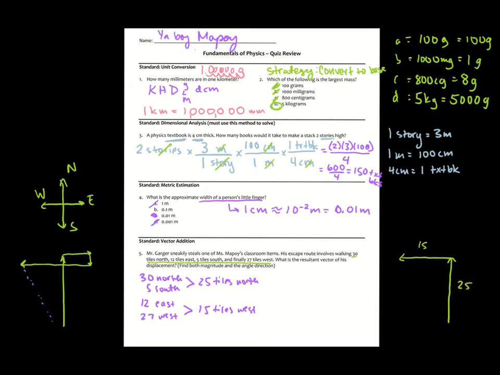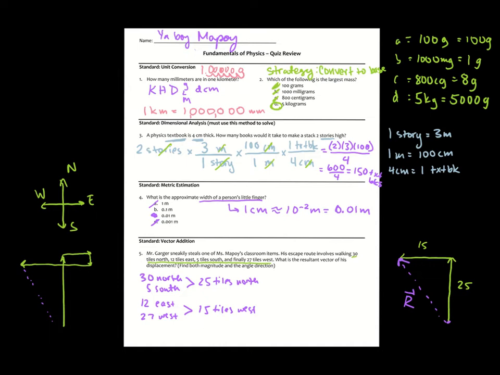And then a resultant vector always goes from start to finish. So if I went north and then west, my overall displacement is northwest. So that arrow should be pointing northwest. If you pointed the opposite direction, that's incorrect, and I won't give you that point.